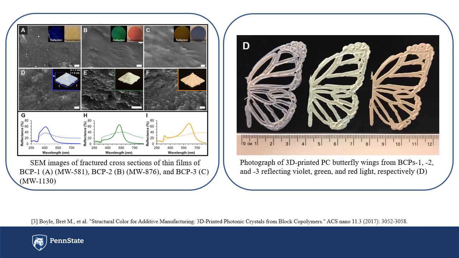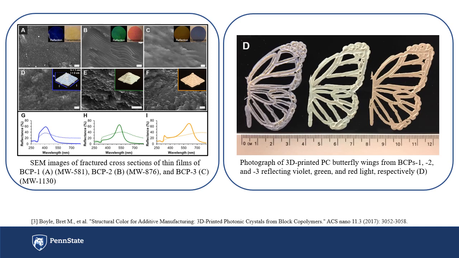SEM was applied to visualize the nanostructured morphology of the cross-section of these films after freeze fracturing. For the films made from BCP2 and 3, the lamellar morphologies were observed, which are correlated to the observed reflection of the films.